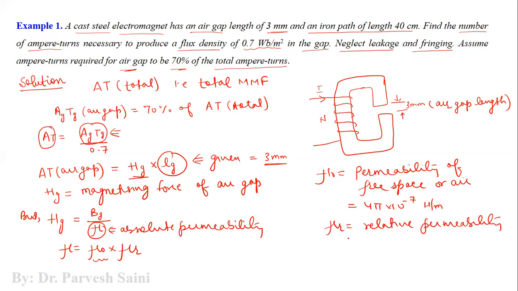In this case, mu r is equal to 1, because we are talking about the flux density and magnetizing force of the air gap.